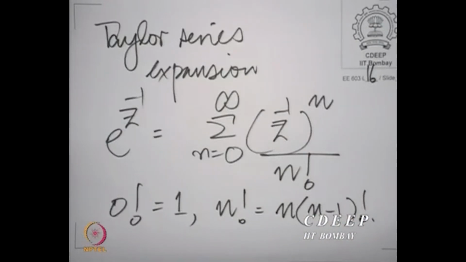This is well known. This is essentially the Taylor series expansion of e raised to the power of x. Now, when we write down this Taylor series expansion, it is very easy to identify what sequence corresponds to this X(z).